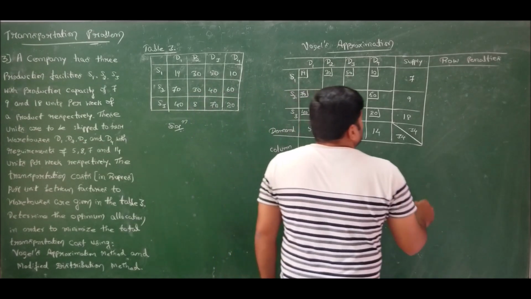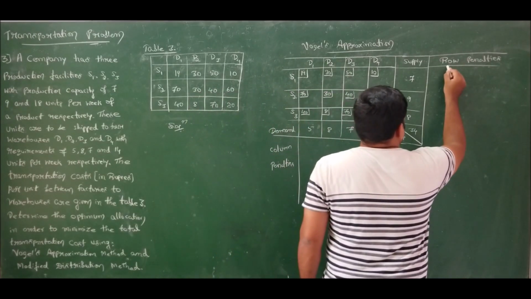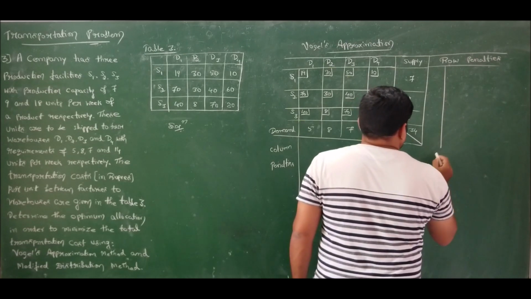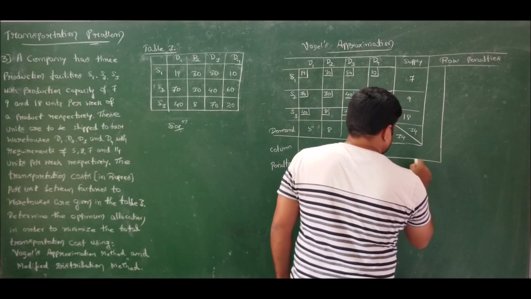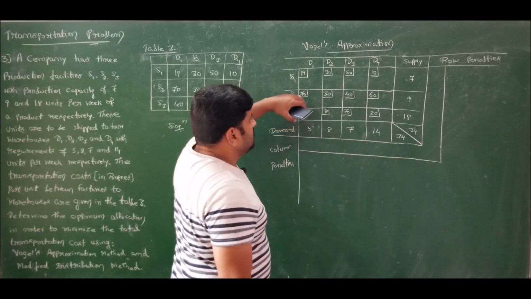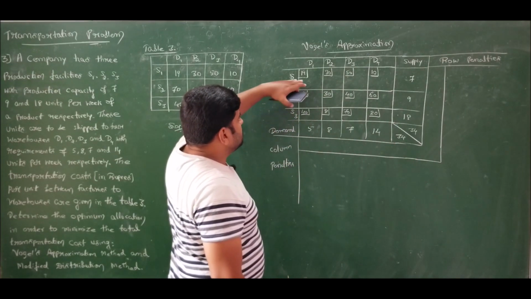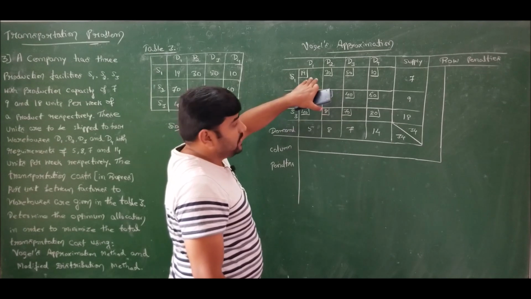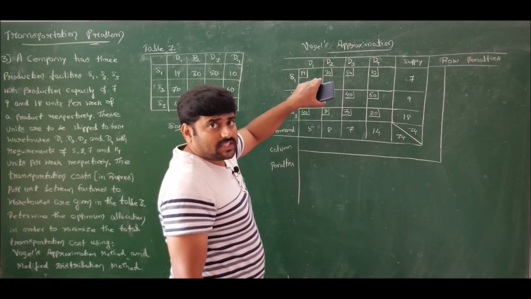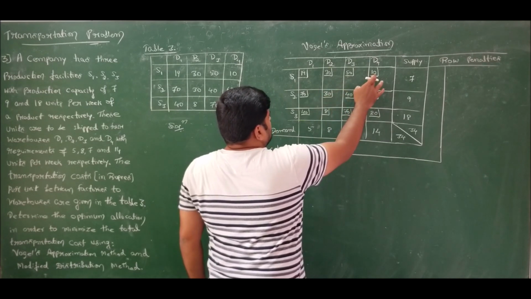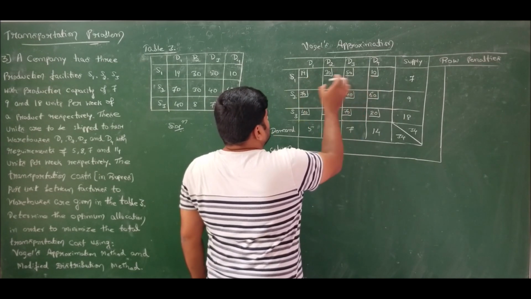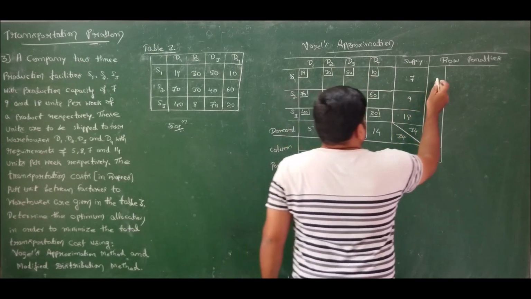Now we will calculate the row penalty as well as the column penalty. For the first iteration, the row penalty is calculated as the difference between the second minimum and the first minimum cost. The first minimum cost is 10, the second minimum cost is 19. So 19 minus 10 is 9.